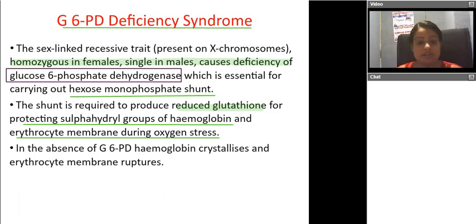The erythrocyte membrane contains hemoglobin. An absence of G6PD leads to hemoglobin damage. In the brain of Alzheimer's patients, there is a remarkable loss and membrane rupture of neurons.